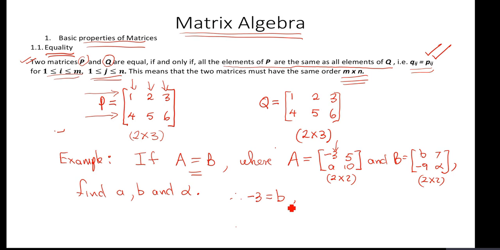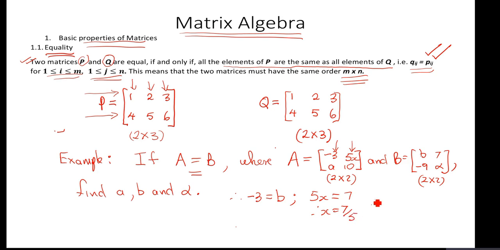So b is equal to -3. In this case, I'm going to change this very subtly and make that a 5x. Similarly, I could say the second column of the first row, 5x, that must be equal to the second column, first row, 7. Therefore, x is equal to 7 divided by 5.